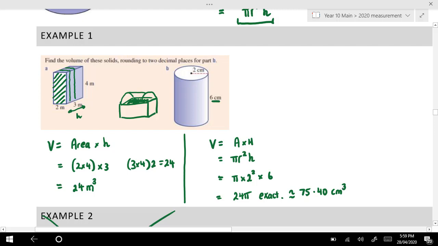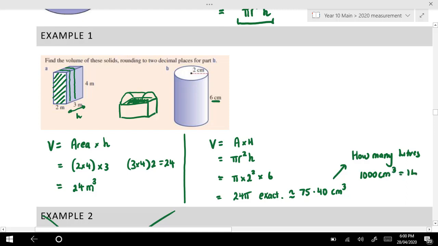Now later we could ask you, what would that be if that was filled up with water? How many litres is it? So we can do some conversions, and remember that we have said that 1,000 centimetres cubed is equal to 1 litre.